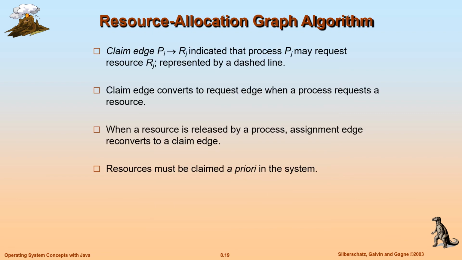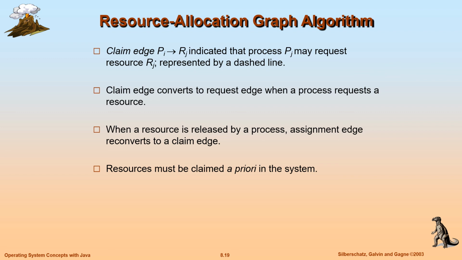Resource allocation graph algorithm. A claim edge Pi to Rj indicates that process Pi may request resource Rj, represented by a dashed line. A claim edge converts to a request edge when a process requests a resource.